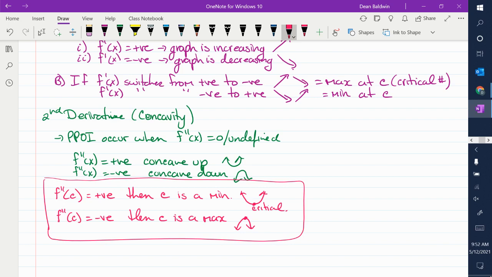It's useful for polynomials or when finding the second derivative is easy. Because as you can see in this question, even that's a fairly simple question, but the second derivative is a fair amount of work, okay? But if finding the second derivative is easy, this is a quicker way to do it. Good for polynomials.